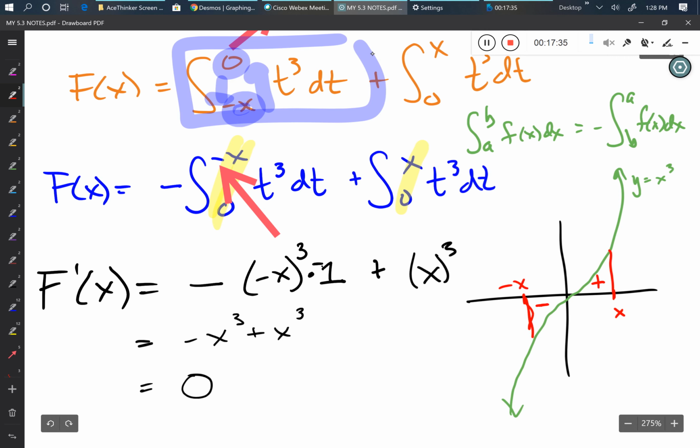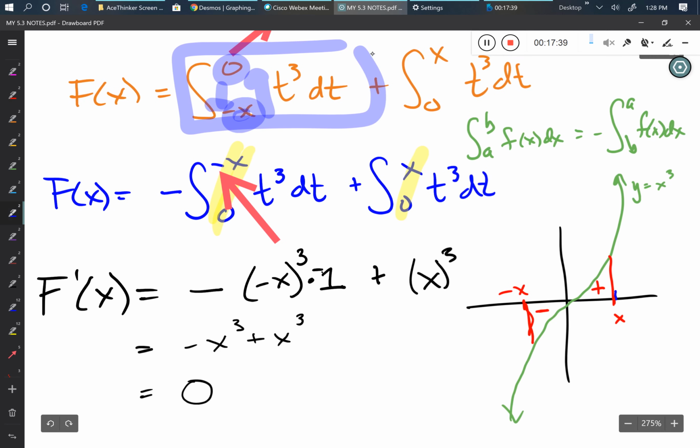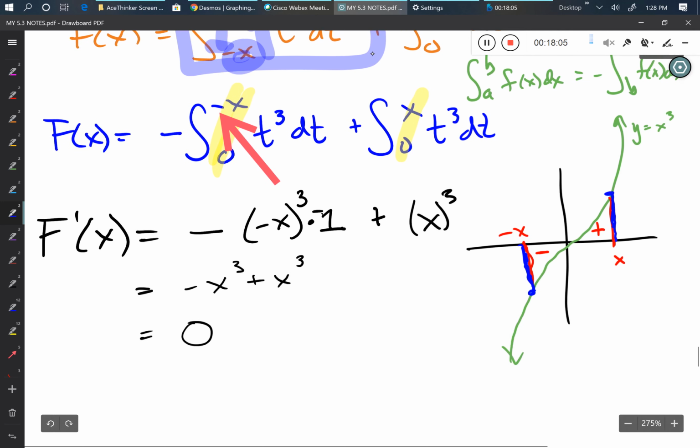The area below is negative. If x gets a little bit bigger, we add on this little piece over here that's positive. But what do we also add on? This little piece over here that is negative. And will the positive piece be the same size as the negative piece? The same length, just opposite direction. So one's positive, one's negative. They're going to cancel each other out.